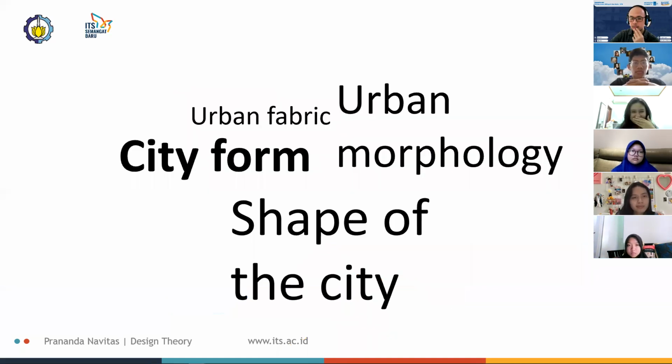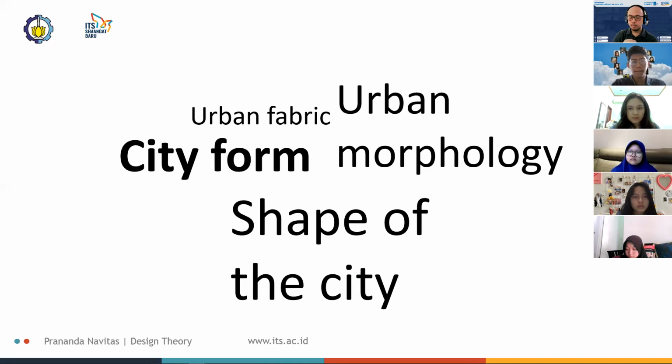These are some terms associated with urban morphology. Just off the top of my head, urban morphology is city form. It is the shape of the city, and it is closely related to another term known as the urban fabric.